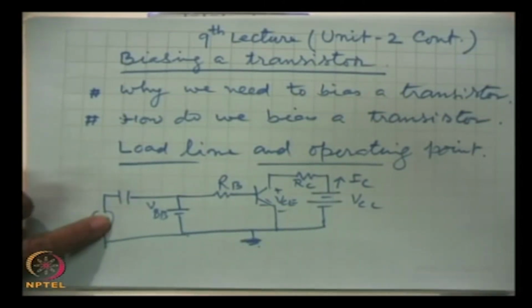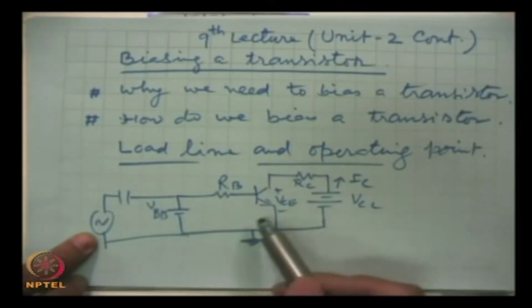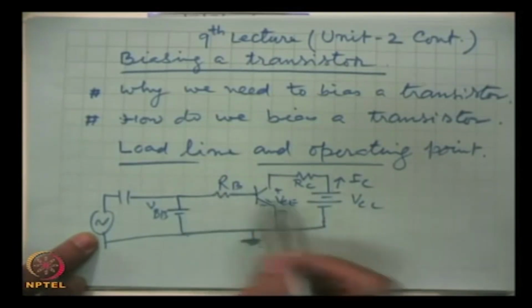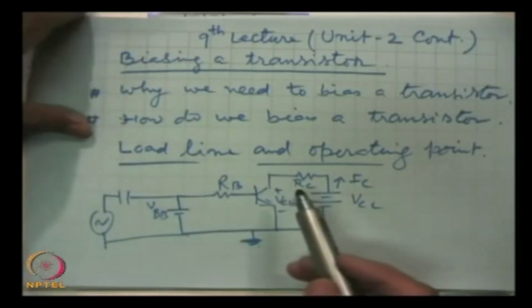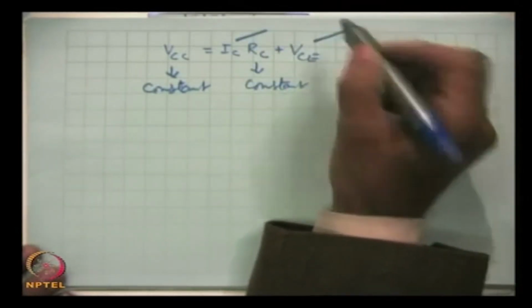So, this is the AC signal. When this is superimposed over this DC, then these currents and voltages will vary.